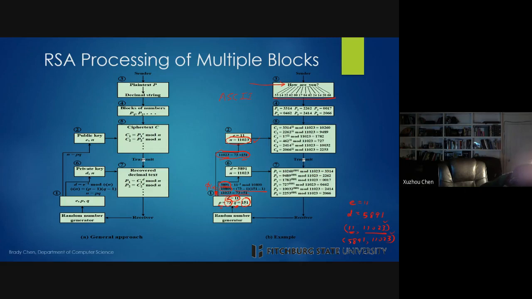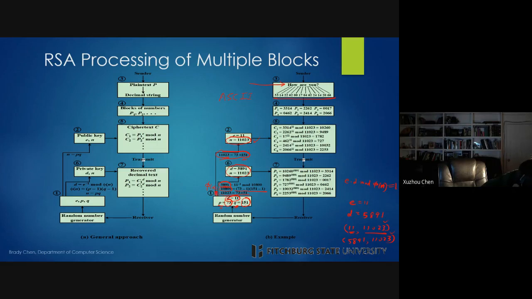So e times d modular phi of n is 1. Okay. So now I can find d. D is 5,891.